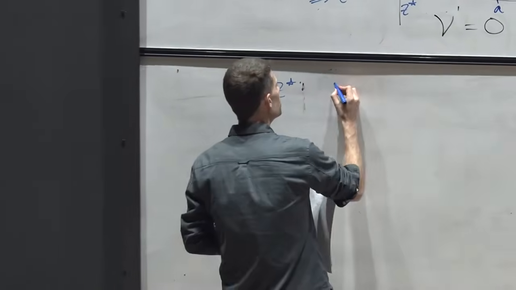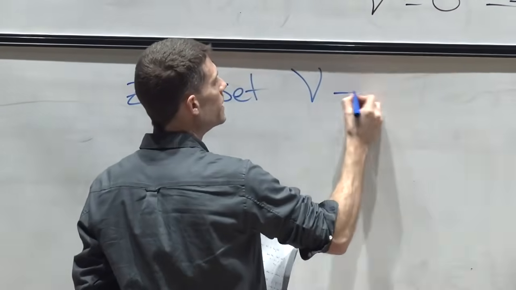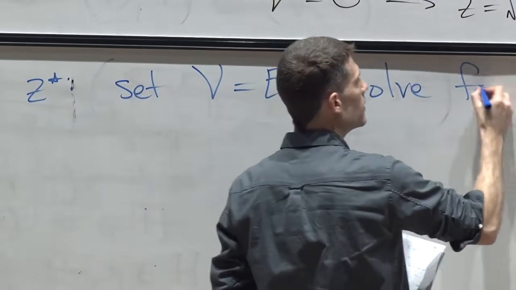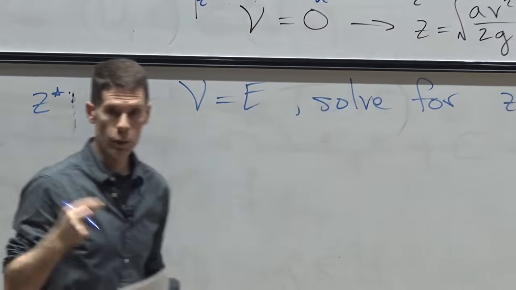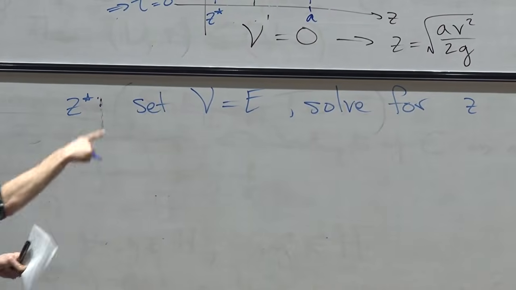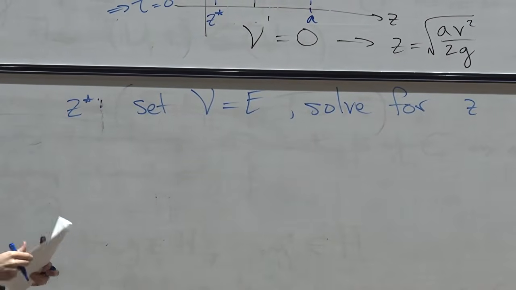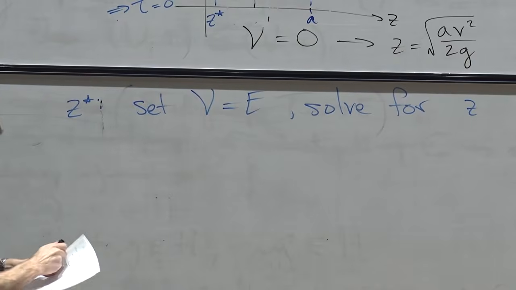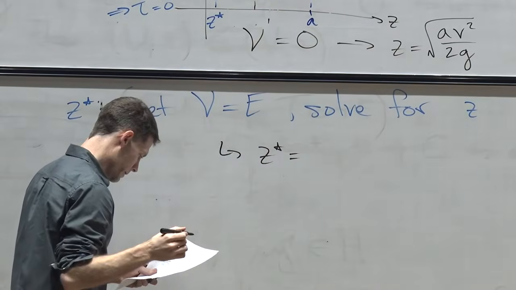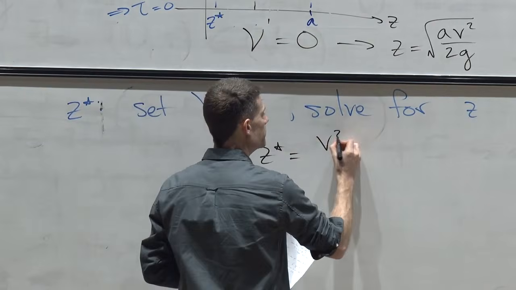So I set V equals E, solve for Z. One of those solutions is Z equals A, that's by construction. And the other solution, if you do a little bit of algebra on that, you get Z star is V squared over 2G.